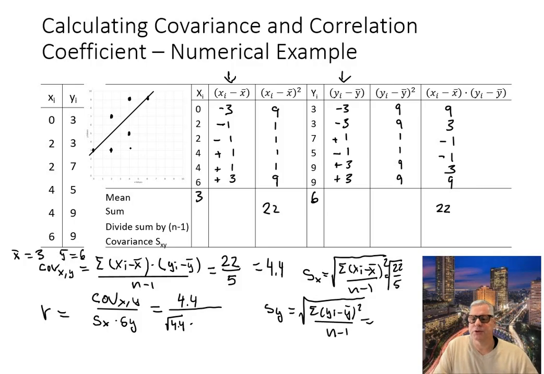So that is 9, 18, 19, 20, 29, 38. So that's 38 over 5, unless I made a mistake. No, that's 38. So 38 over 5, that is equal to 7.6. The square root of 7.6.